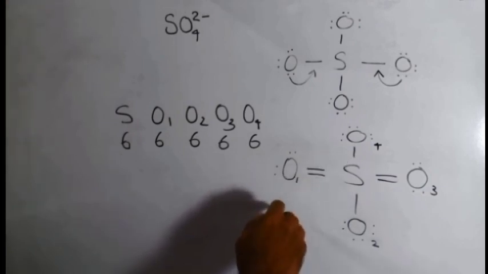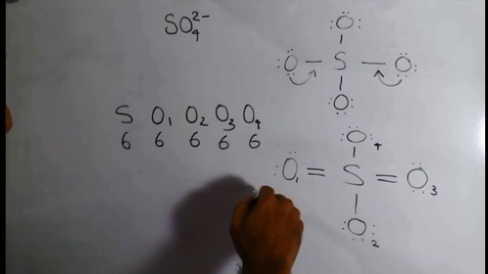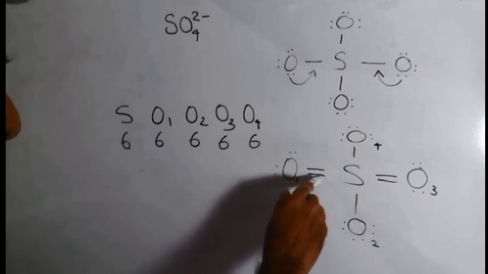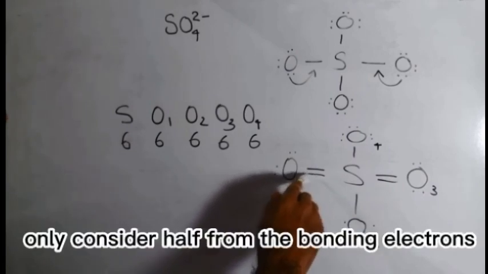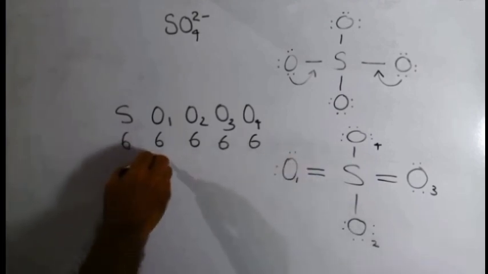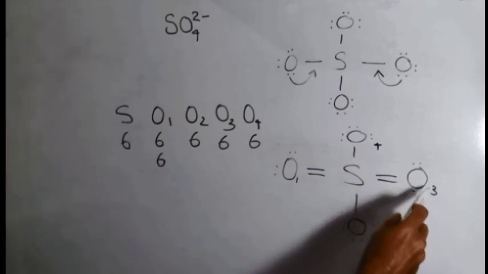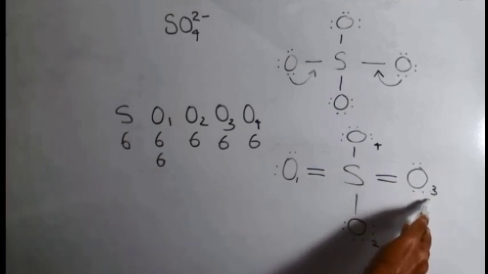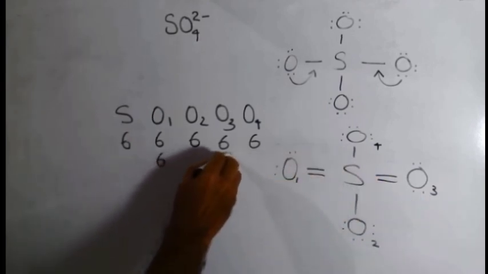For example, if we take this oxygen atom number 1, there are 4 lone pair electrons, and altogether 4 electrons participate in bonding. But we take half of that, that means 2 electrons. So altogether 2, 4, 6. And oxygen number 3 has the same configuration, so it's also 6.